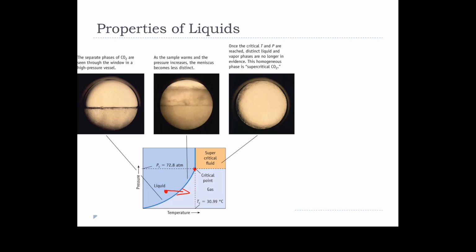What you're looking at in the actual pictures up there is carbon dioxide along that blue line. That's the liquid gas coexistence curve, and you can see when we're far away from that critical point, it's distinctly two phases. We can see the liquid there, we can see the vapor there.